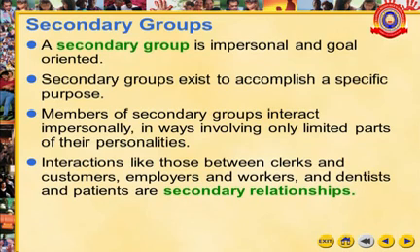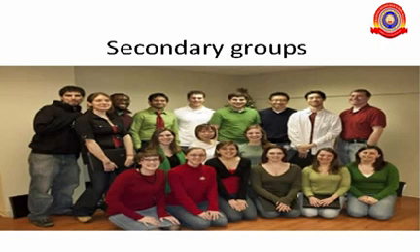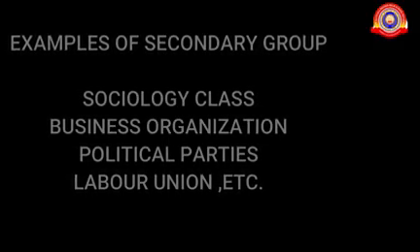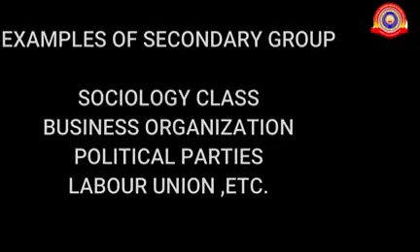Interactions like those between clerks and customers, employers and workers, and dentists and patients are secondary relationships. This is a group of employees. This is an example of secondary social groups. Examples of secondary groups: sociology class, business organization, political parties, labor union, etc.